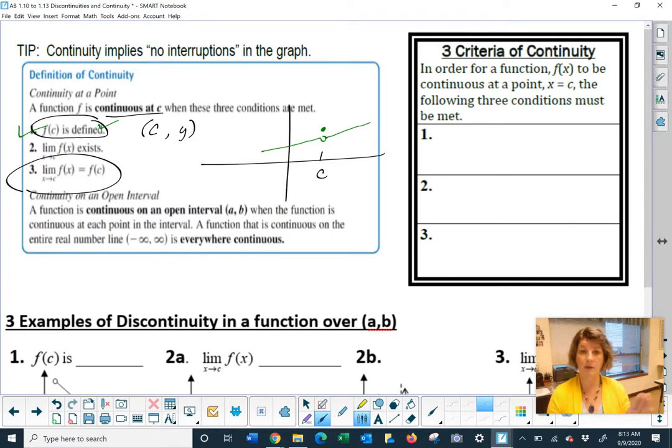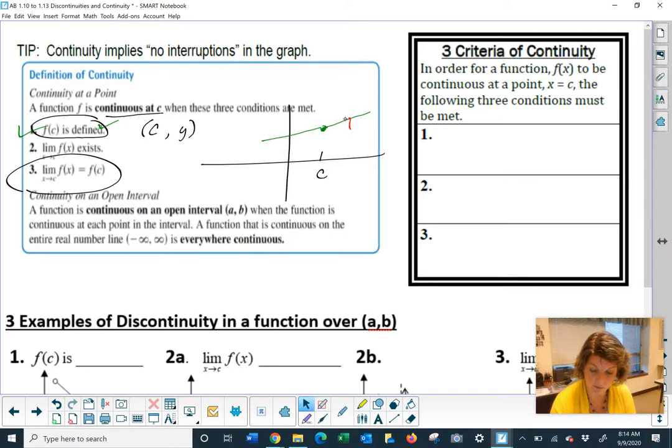I have a limit, the left equals the right, but you'll notice my graph is not continuous right now the way I drew it. And that is because I need step number 3 to complete this process. I want this curve to be right in line with that point so that the limit value equals the y value from that point. Okay? So that is what continuity is.